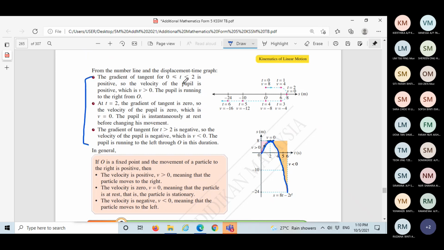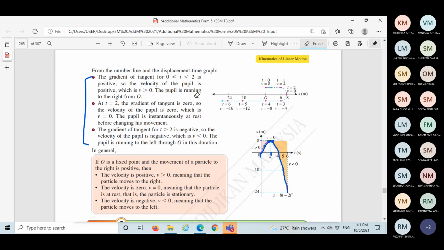The gradient of the tangent from 0 to 2, from here to here, but not including 2, you see, no equal sign here. It is positive. The gradient is positive, as I said just now. So the velocity refers to a pupil running, I think. So the velocity is positive, where v is greater than 0.